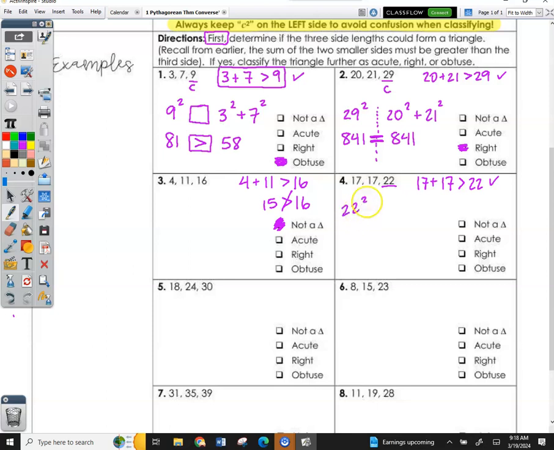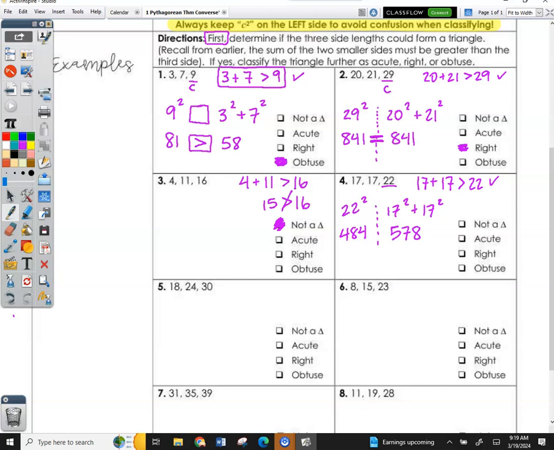So we got 22 squared, and then 17 squared, and 17 squared. 484 and 578.